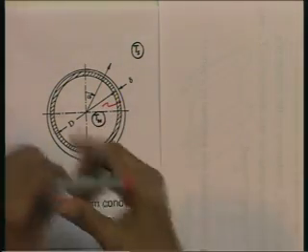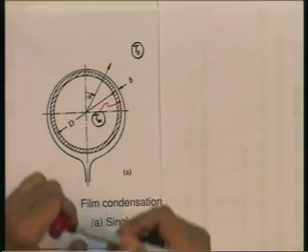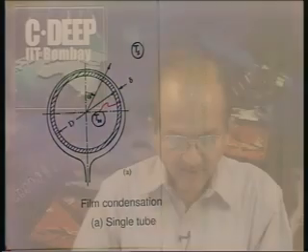So, it is an identical problem to the problem we studied earlier, with the difference that now instead of a vertical plate, you have a horizontal tube, and Nusselt analyzed this problem also. Look at this horizontal tube.